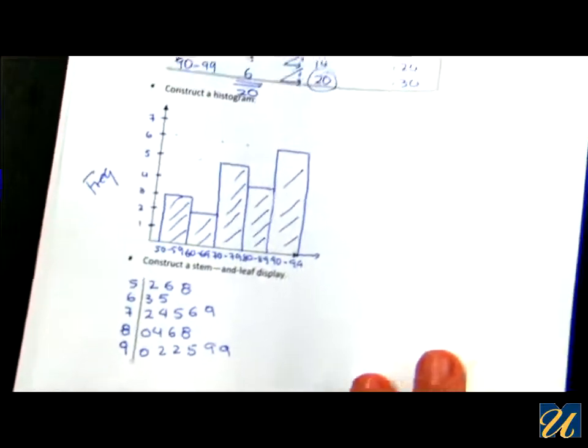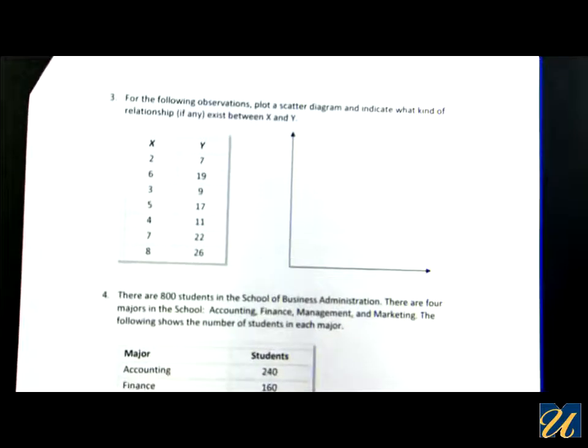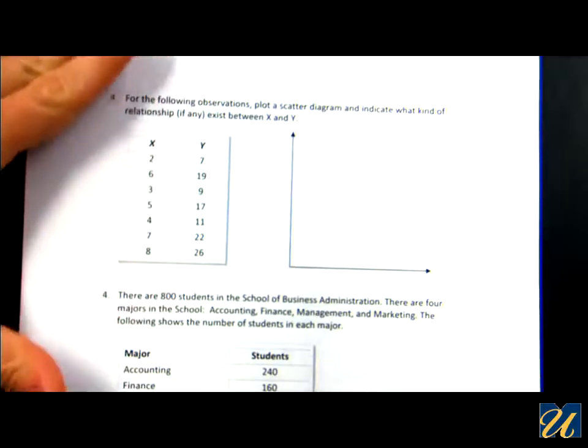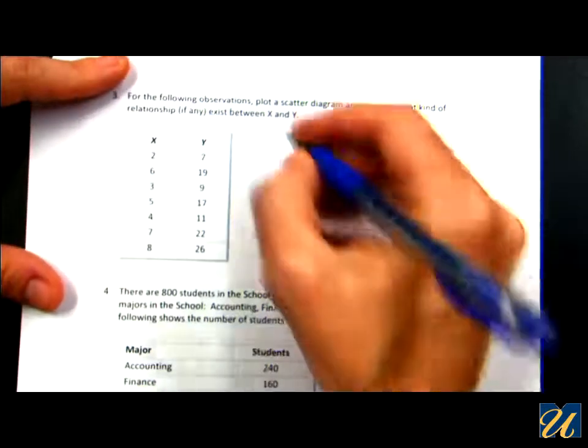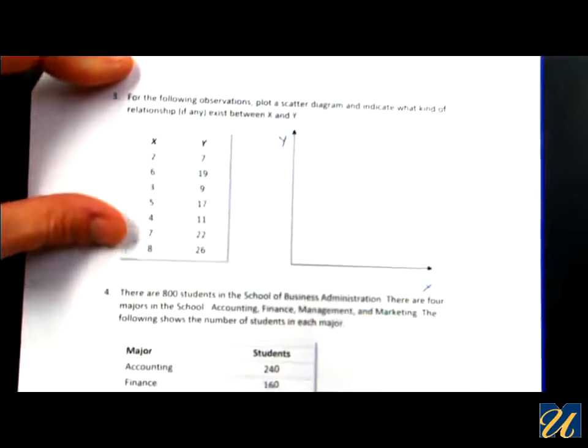For problem number 3, for the following observations, plot a scatter diagram and indicate what kind of relationship, if any, exists between x and y. So we create our scale. We have x, we have y based on the numbers that we have.